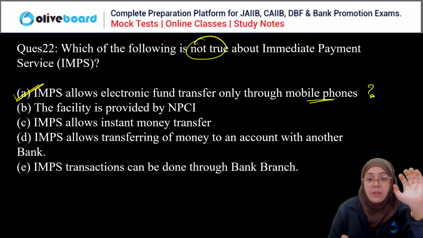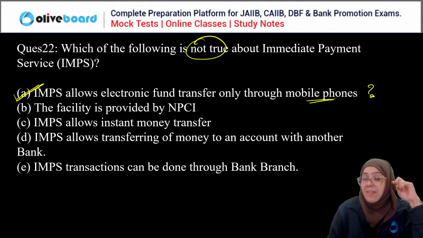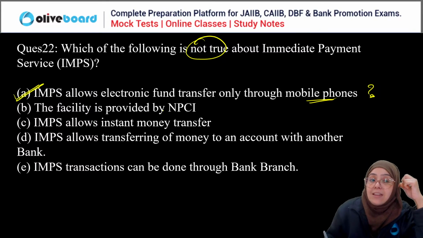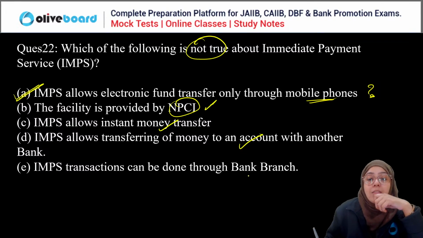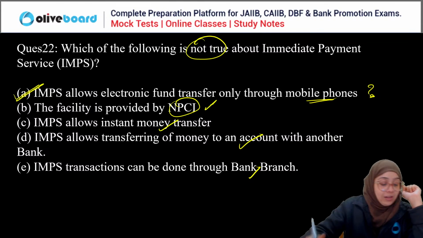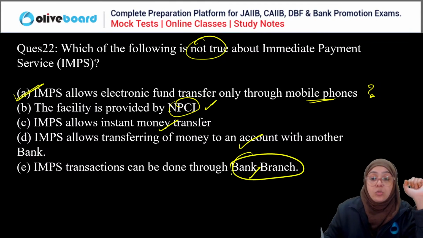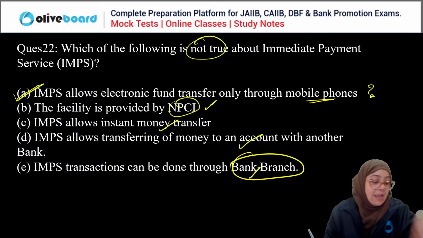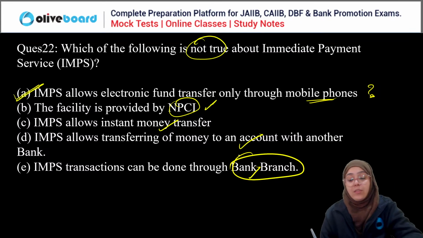By any app, or you can do it in offline mode also by requesting the bank. Second, the facilities provided by NPCI, National Payments Corporation of India, instant money transfer from one account to another, can be done through the bank branches, right? So A is the incorrect statement here. No, no, IMPS can be done through the bank branches. There is nothing wrong in this, right?